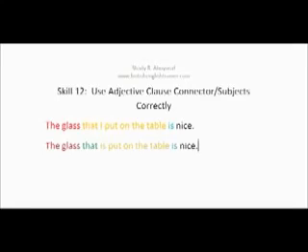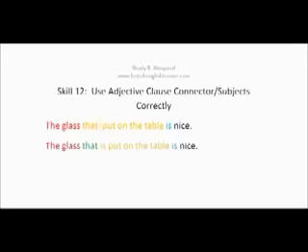Okay, fantastic. Now let me make it clear here. Now imagine and look at the first sentence here, and imagine that we decided to take I away, which is a subject. So can I say the glass that put? It's impossible to say the glass that put. Why? Because the glass can't put, because putting is an action that is done by human beings.